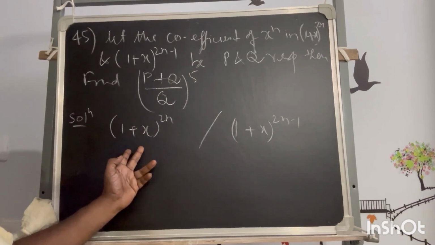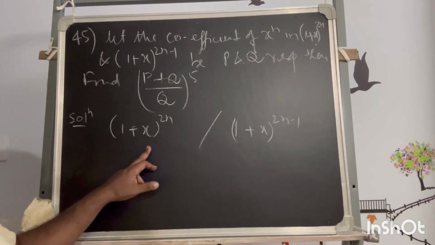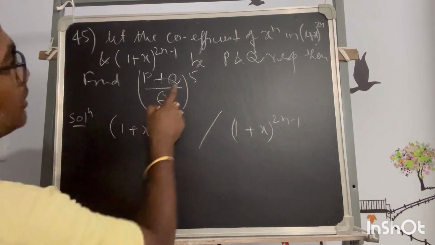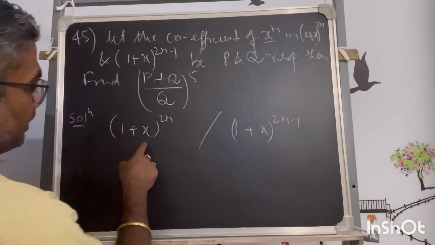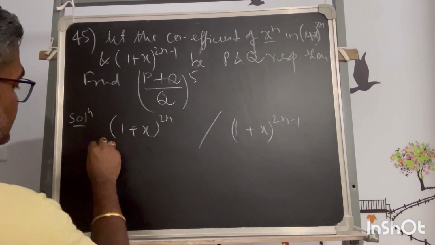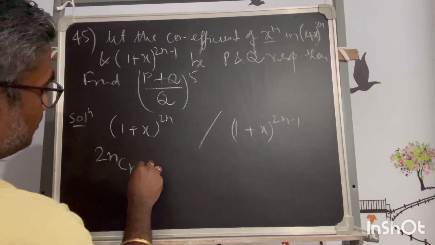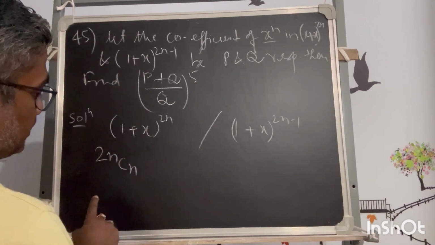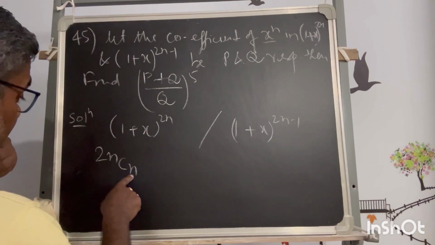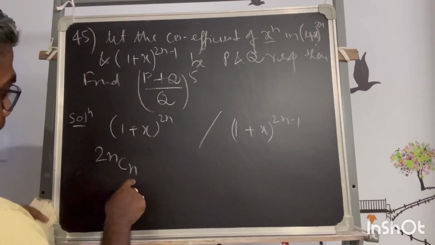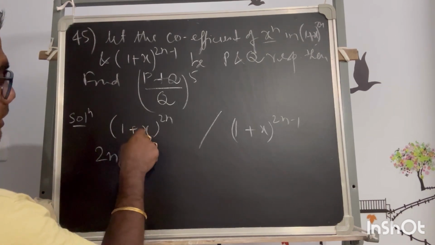So if I want x to the power n in this, your coefficient will be 2nCn, because whatever is in the bottom carries over to the x power.